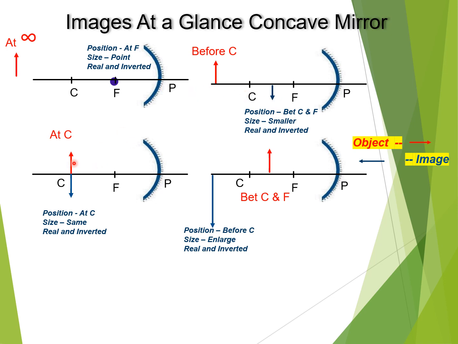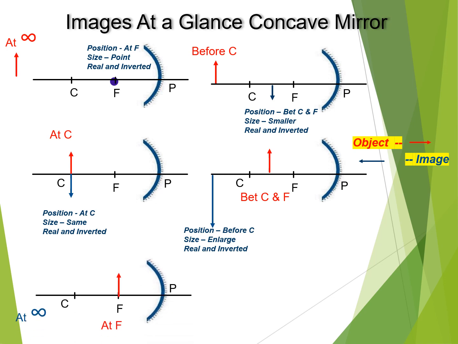Similarly, then it came to now at center of curvature, the image also moved to center of curvature. Now the size is equal, and here if you further bring it down, now it is further closer to the mirror, then the size has also increased and the distance has also increased. So these are the fourth condition.